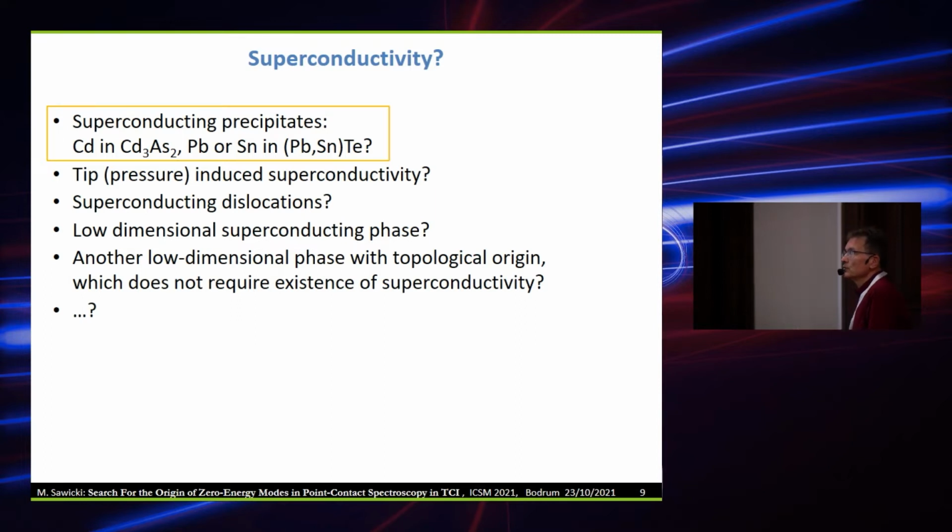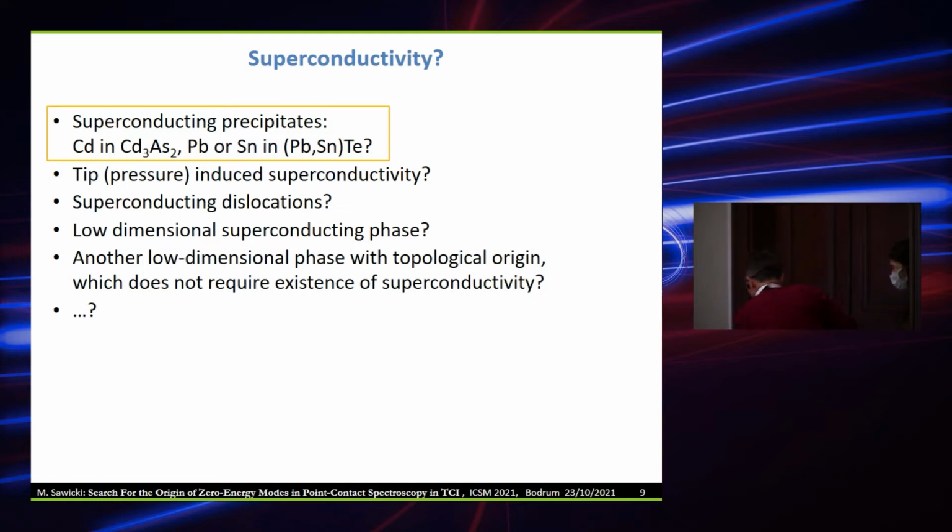Another possibility could be tip pressure-induced superconductivity, which I will show you is highly unlikely. Then we may have possibly superconducting dislocations. This is still an open question, and some other possibilities are also possible.